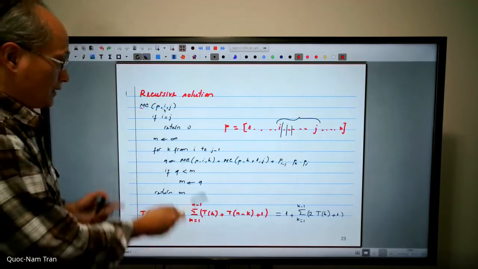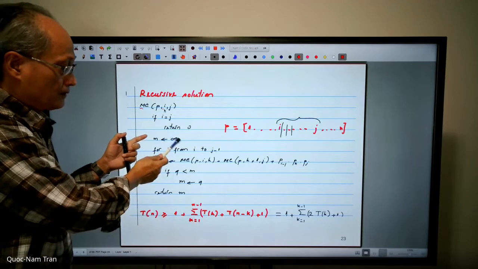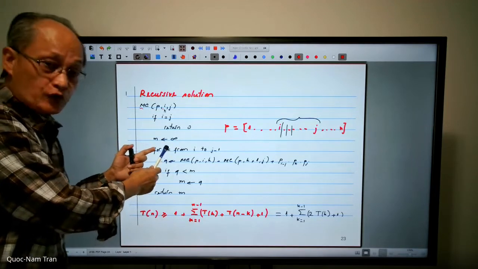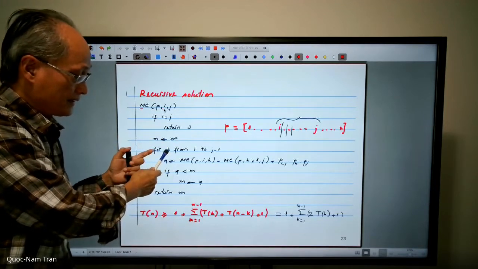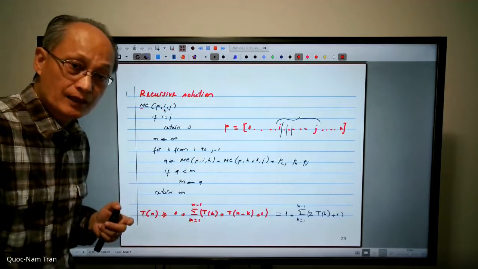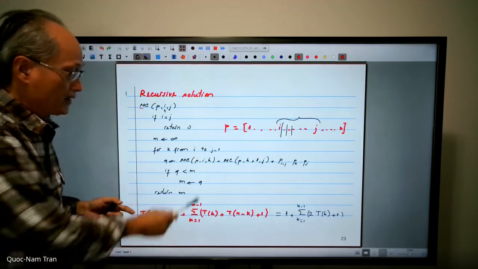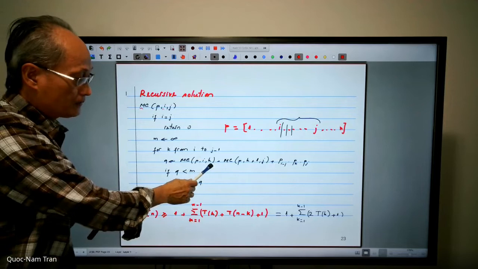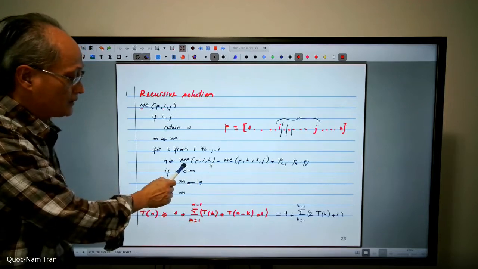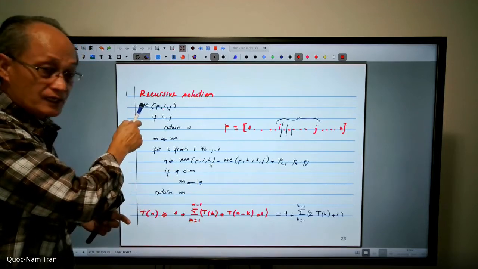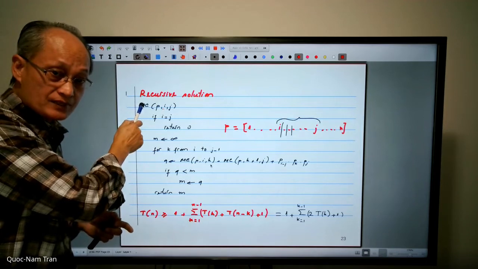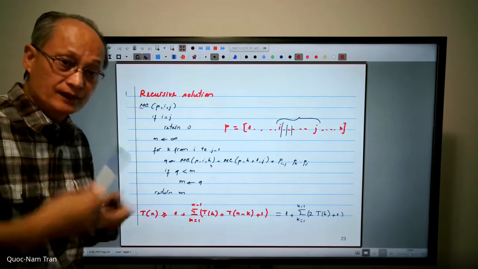Now, we will try each K from I to J minus 1. Then we calculate the cost from I to K by invoking the function minimum cost MC again, recursively.